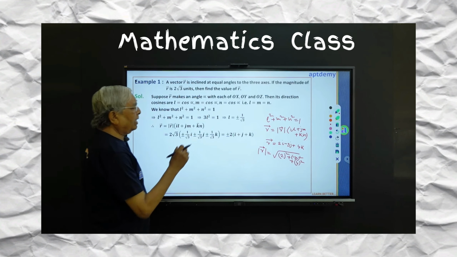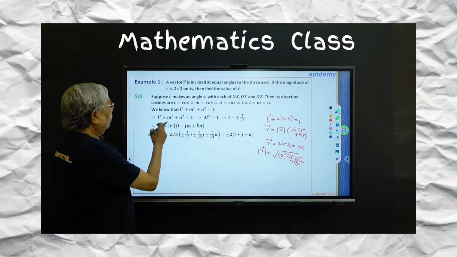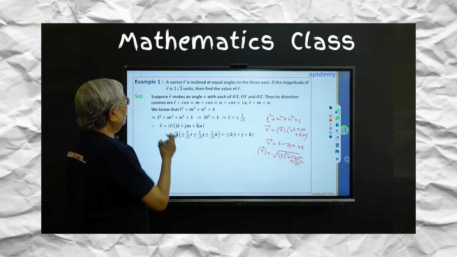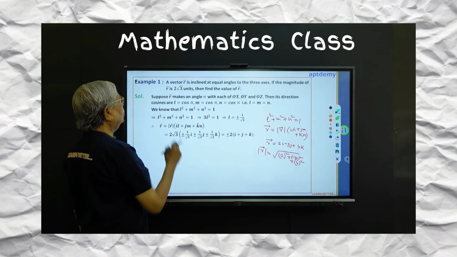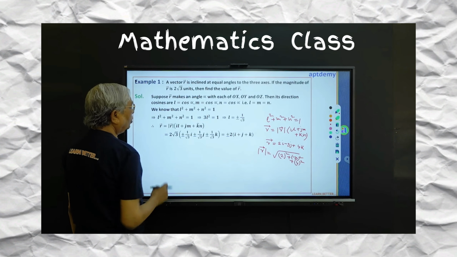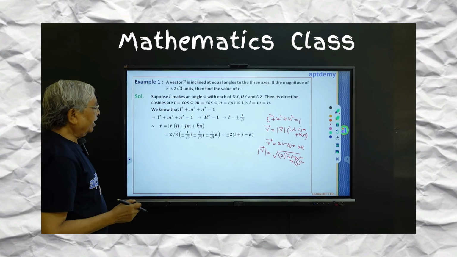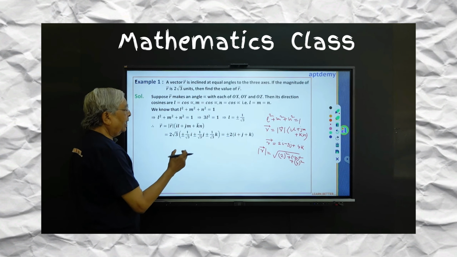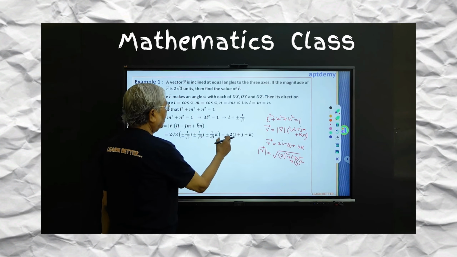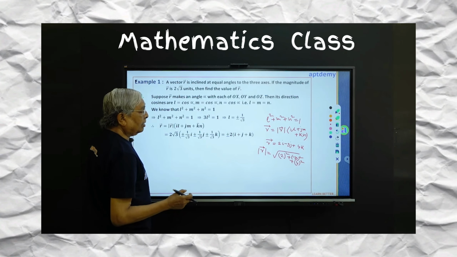In this way you can find the modulus of a vector. Now you are given that the modulus of the vector R is equal to 2 root 3. So put here R equal to 2 root 3 and the values of L, M and N. Therefore we will get vector R is equal to plus minus 2 into I plus J plus K.